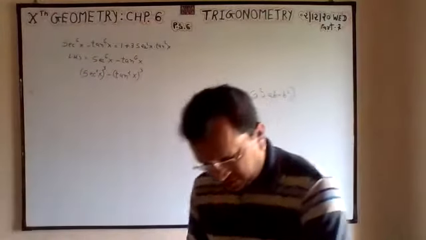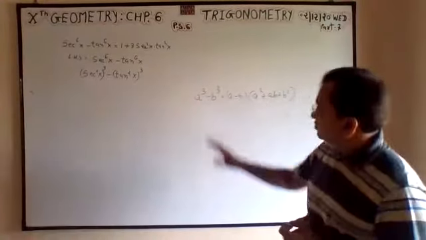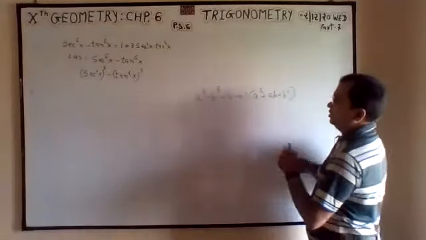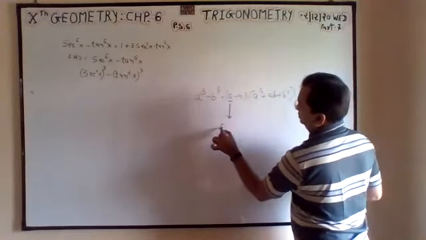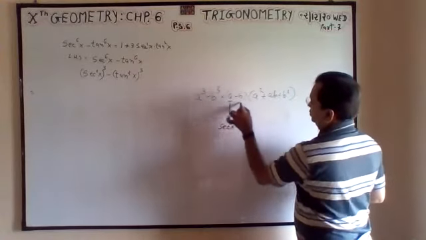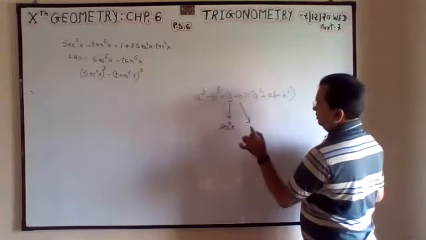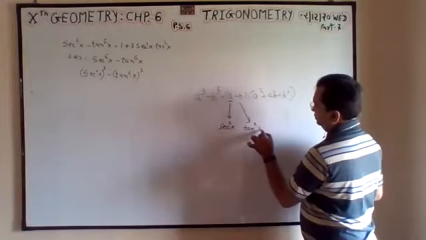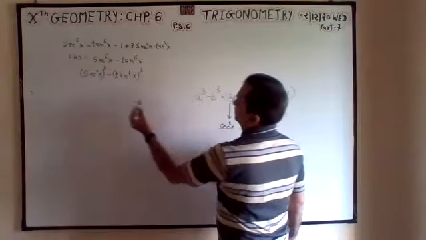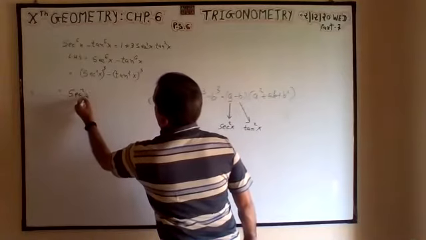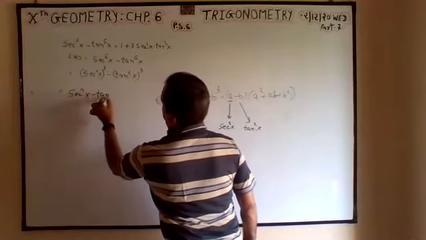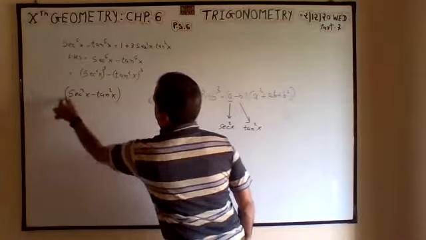Convert this into this form. Your a is what? Sec square x. Your b is what? Tan square x. So I will write sec square x minus tan square x.